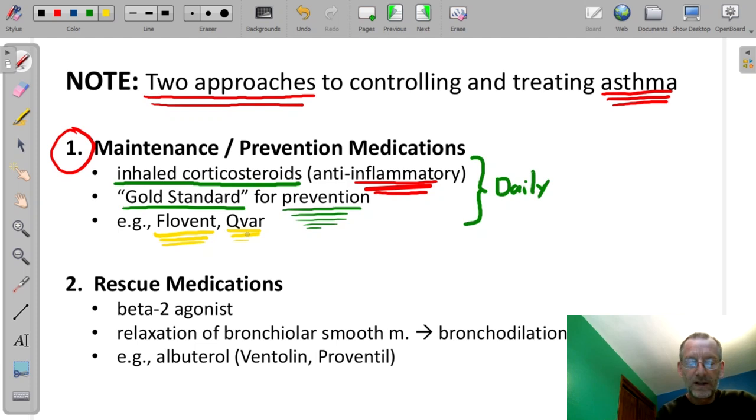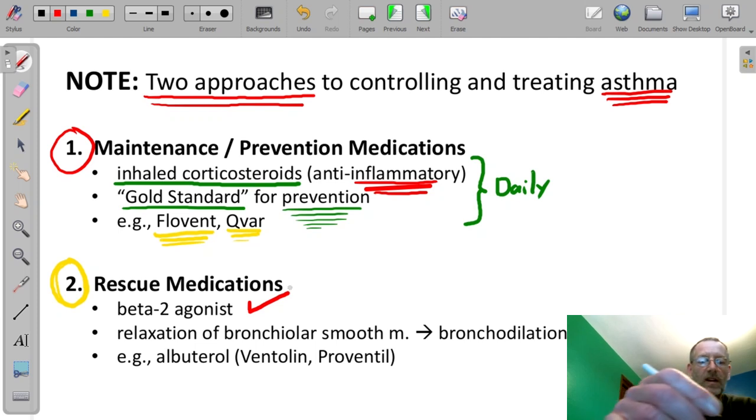The other class of medications for the control of asthma are the rescue medications. And these are used when you have an attack, which is an indication that the prevention and the maintenance isn't working. And when an asthma attack occurs, the rescue meds act as a beta-2 agonist. So agonists stimulate receptors.